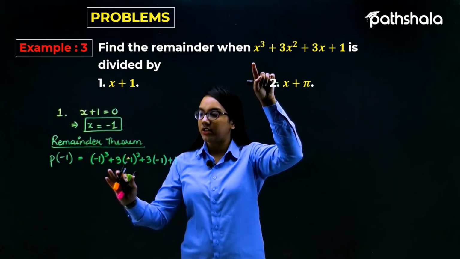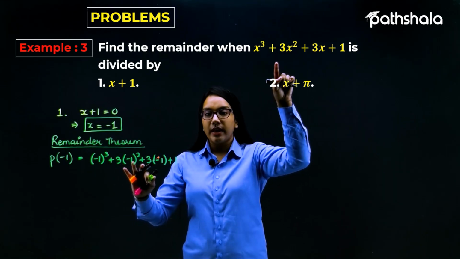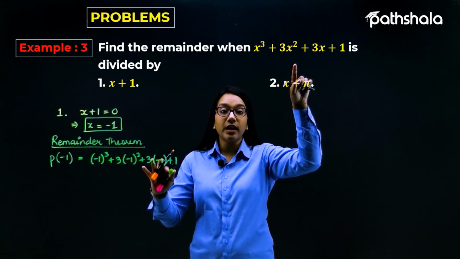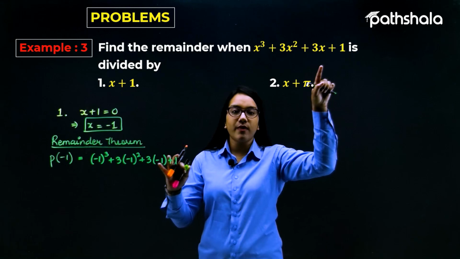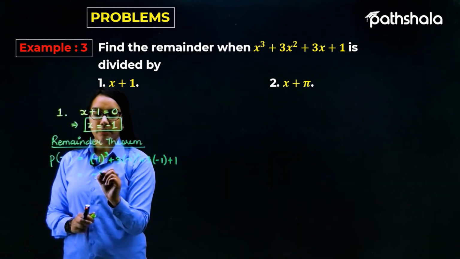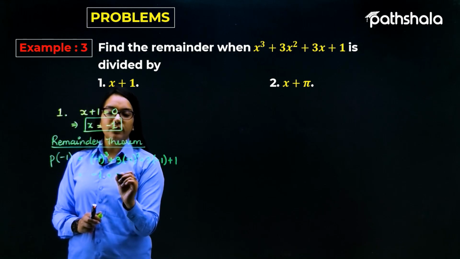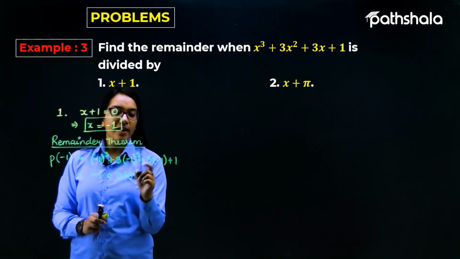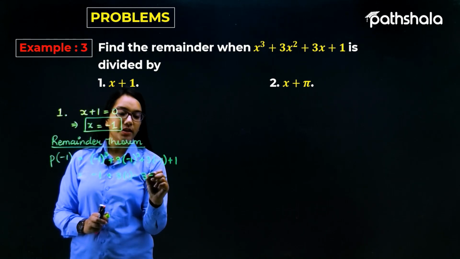Minus 1 raised to the power 3, plus 3 times minus 1 whole square, plus 3 times minus 1, plus 1. Now let's solve it. Minus 1 whole cube is minus 1. Plus 3 times minus 1 whole square is obviously plus 3. Plus times minus is minus 3, plus 1.